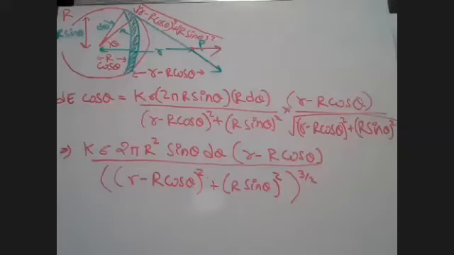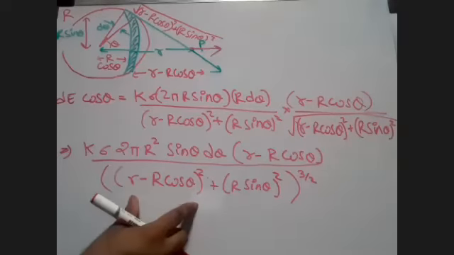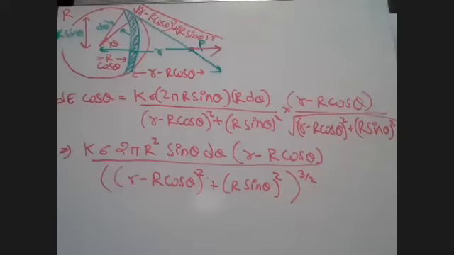If we simplify this equation, (r minus R cos theta) whole square plus (R sin theta) whole square can be simplified using (a minus b) whole square.